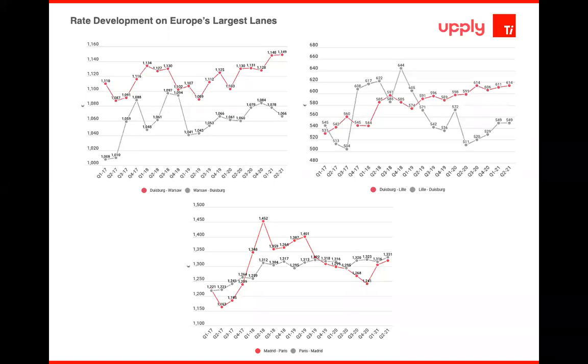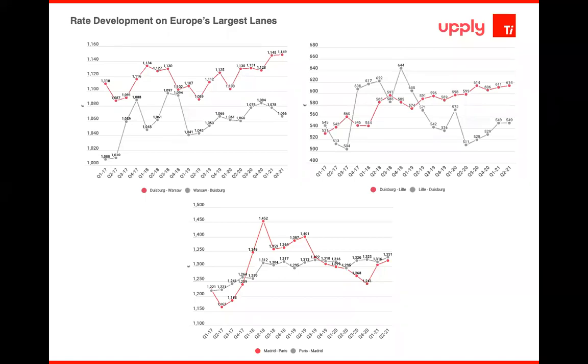Yes, sure. Let me start with Paris to Madrid and Madrid to Paris, which is following the trend that we described earlier on the overall European market. On the road, Paris to Madrid, the rate increased by 2.8% year on year and 1.1% quarter on quarter.